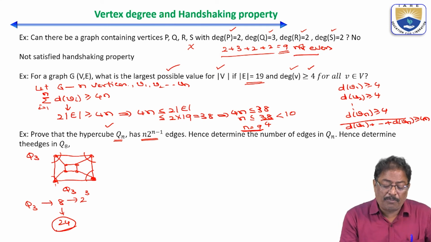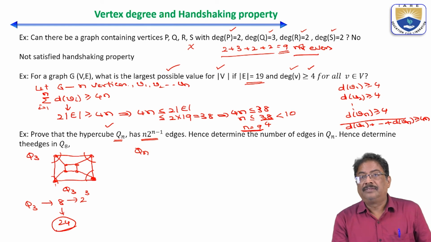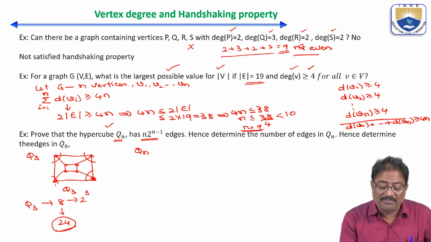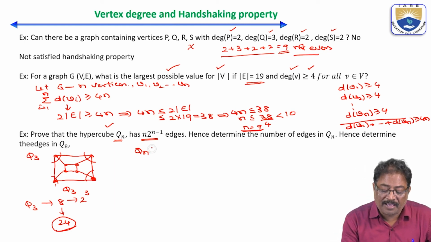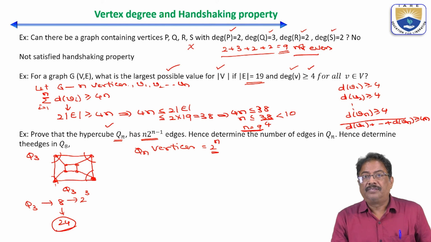Now, if I consider any Qn, how many vertices does it have? It has 2 to the power of n vertices.